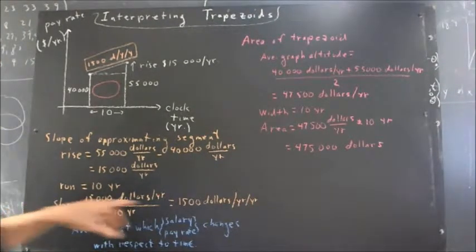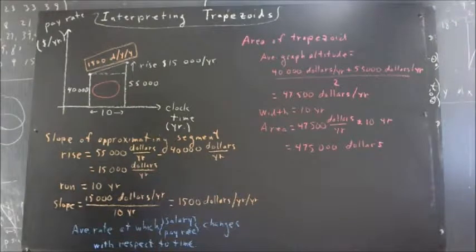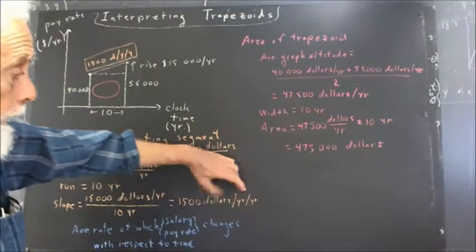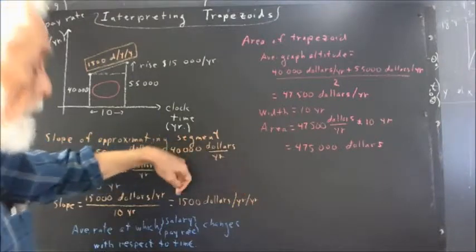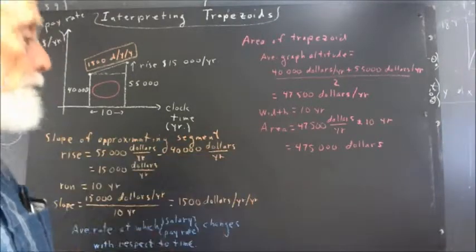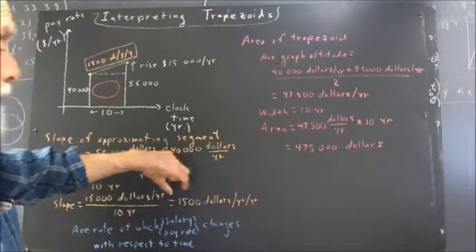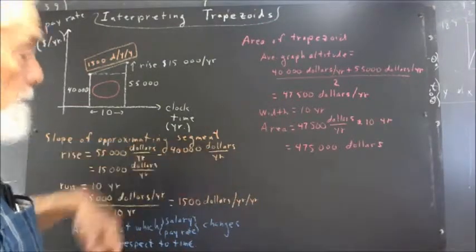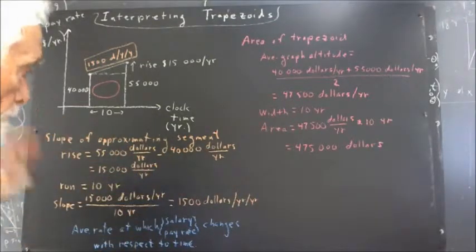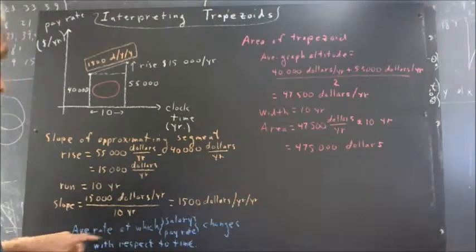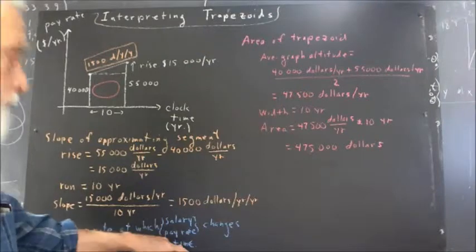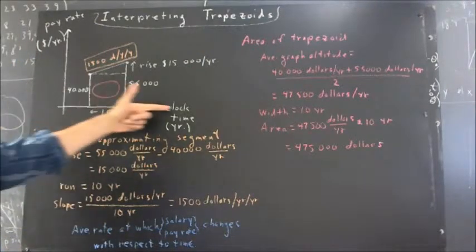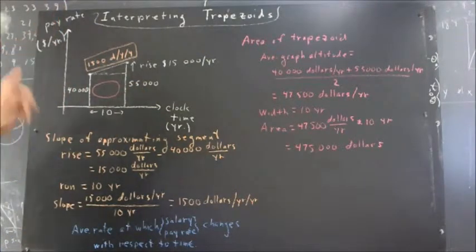So what's our interpretation of the slope? Well, $1,500 per year is the change in salary per year. Okay, I'll call this salary because we're talking about a rate of change, so we can talk about the average rate at which salary changes with respect to clock time. Clock time here, pay rate or salary up here.